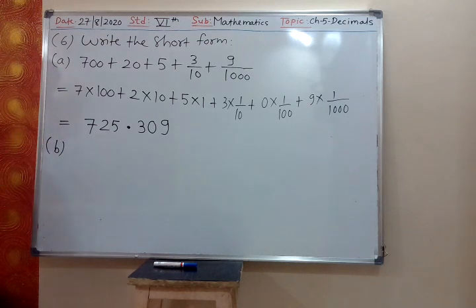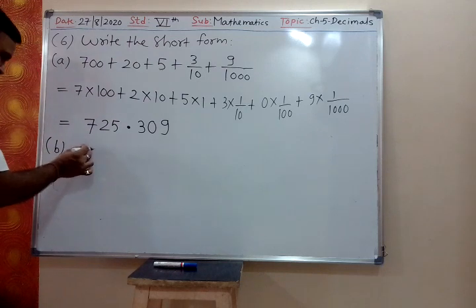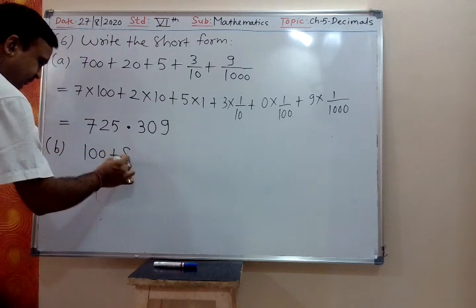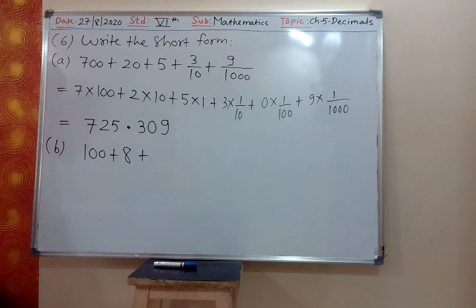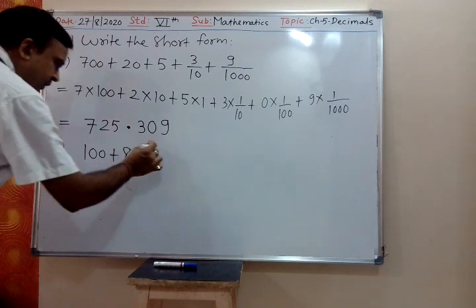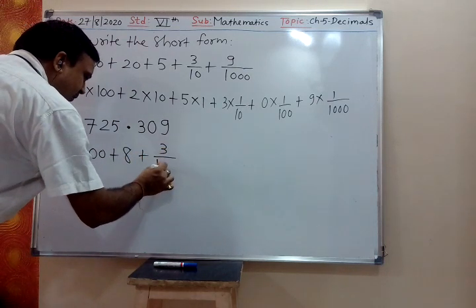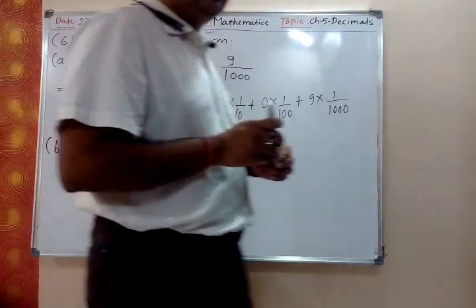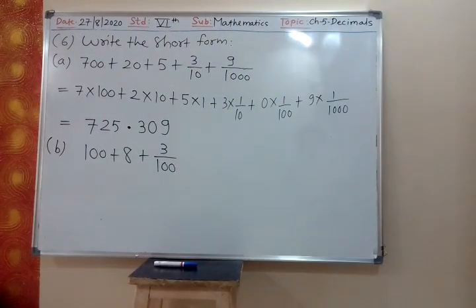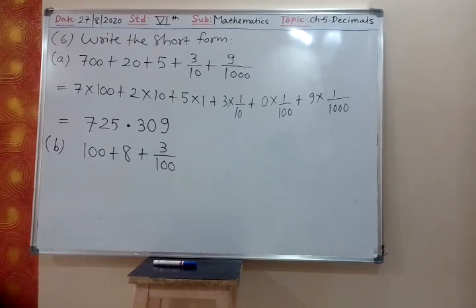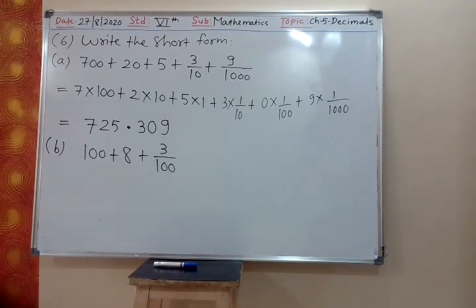B. 100 plus 8 plus 3 upon 100. Yes, 100 plus 8 plus 3 upon 100. Simplify.